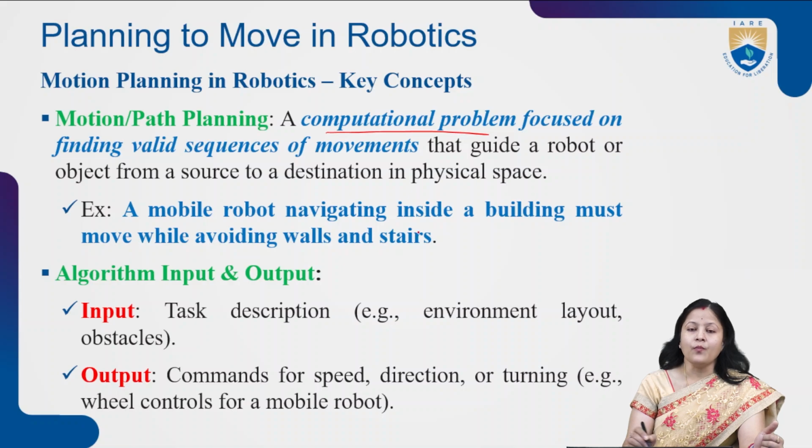For example, a mobile robot navigating inside a building must move while avoiding the walls or stairs. That means the robotic software and all the hardware components, sensors, effectors and end effectors, should be configured in such a way that the robot can recognize all these steps in advance, before performing any action, without colliding anywhere.